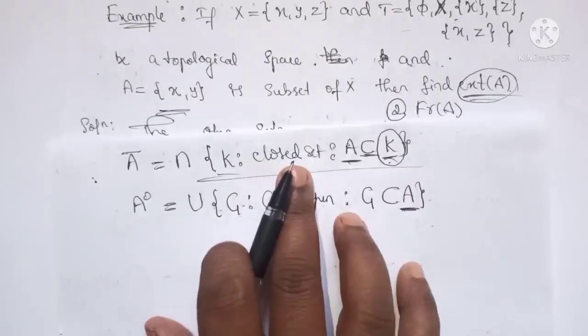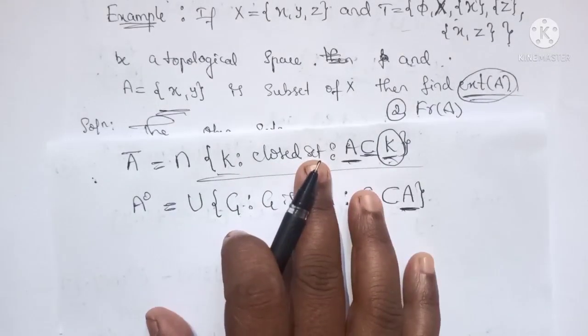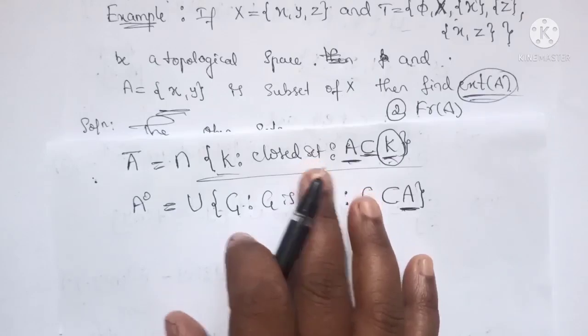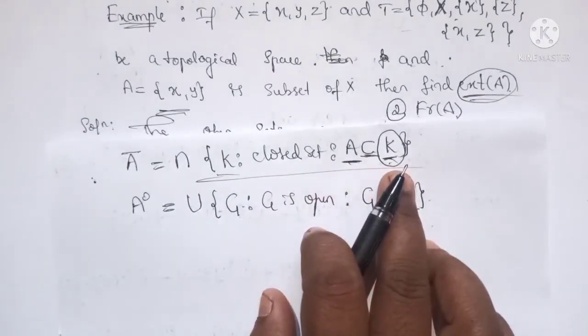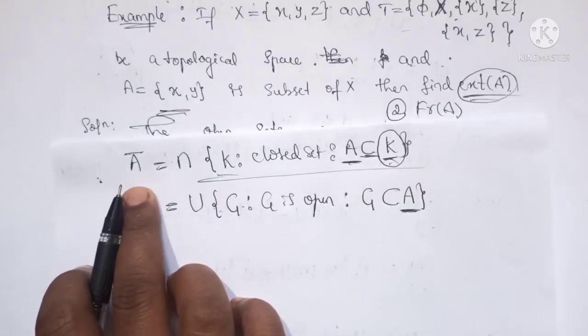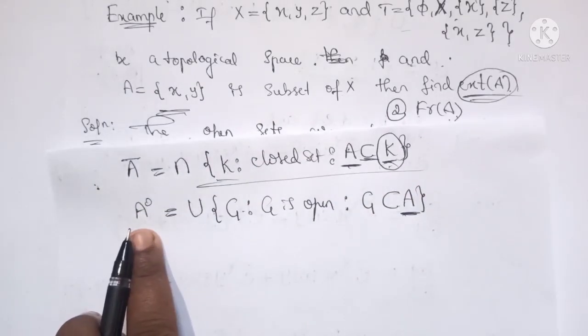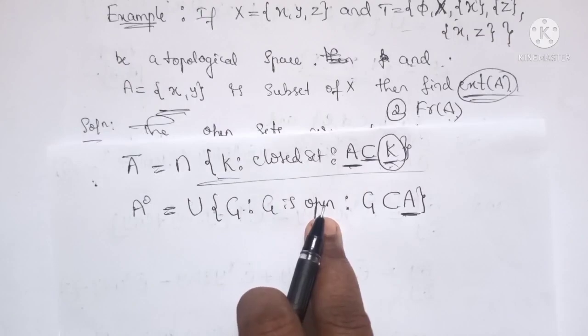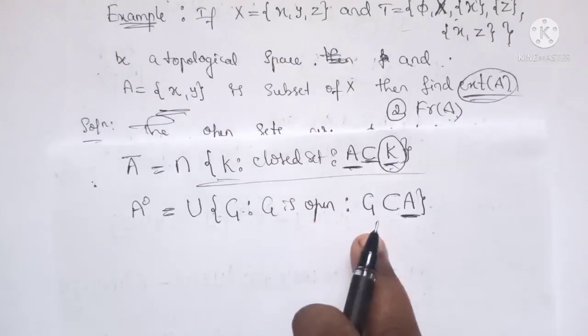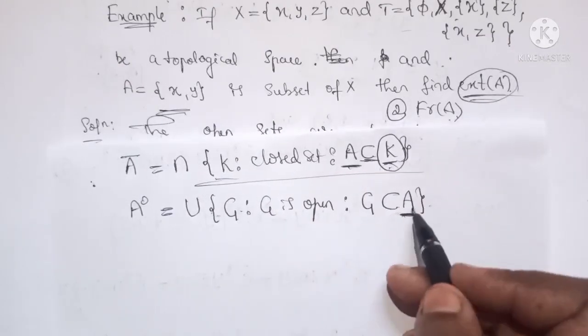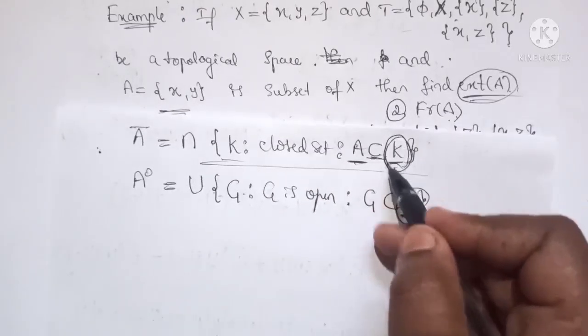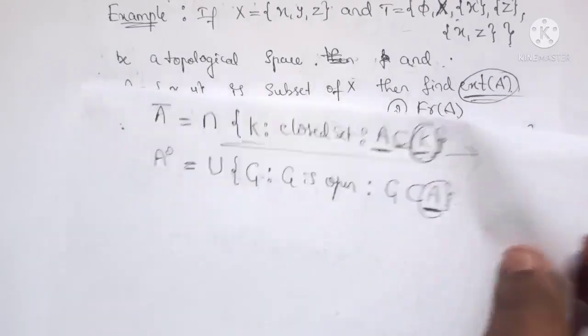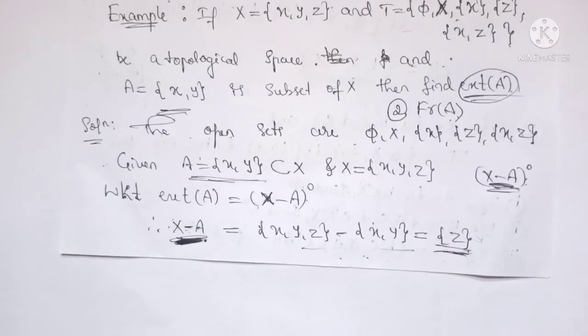Here we collect all the closed sets K such that all those closed sets are supersets of A. But here we consider all the open sets and they must be subsets of A. Now we find the frontier.